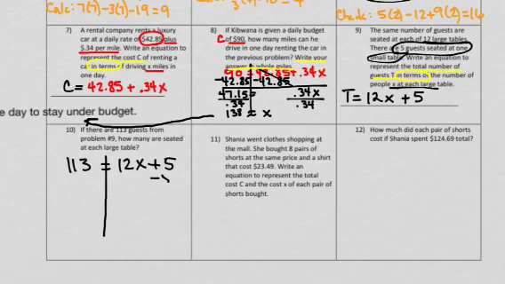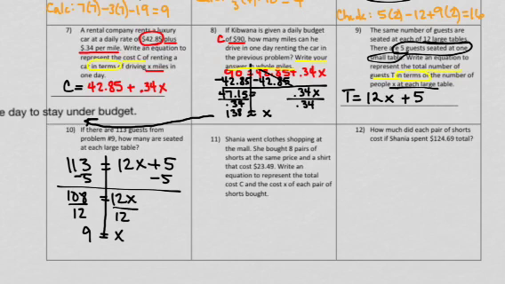So we're going to subtract 5 from both sides. So that leaves us with 108 is equal to 12x, and then we divide both sides by 12 to get x by itself. 108 divided by 12 is 9. So we would say that there are 9 guests at each large table.